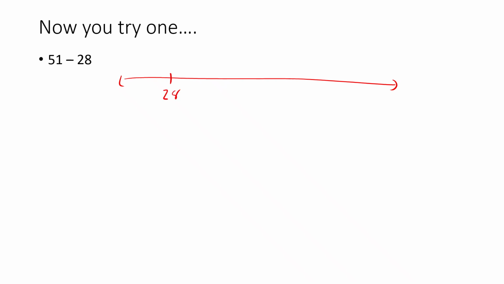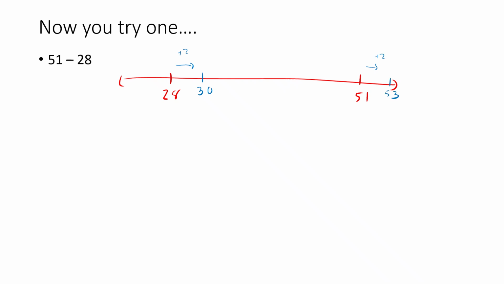So we have 28, we have 51, and what we can do here is slide this. I think it would be easier to subtract 30, so I'm essentially going to slide that up to 30. That was a slide of 2 to the right, so I'm going to slide this up 2 to the right.